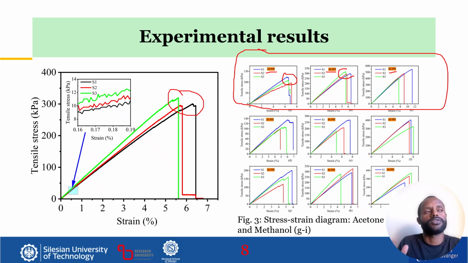From this figure we can easily observe that all cells fail step by step. That means there is progressive crushing of cells rather than brittle fracture of the whole specimen.